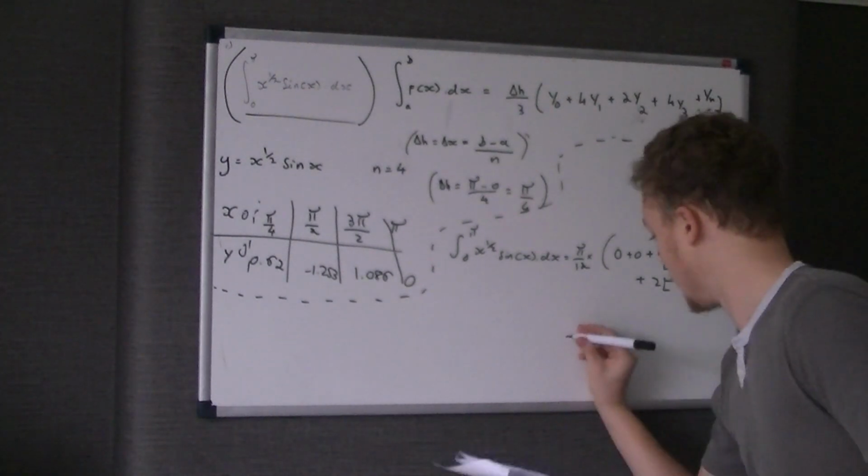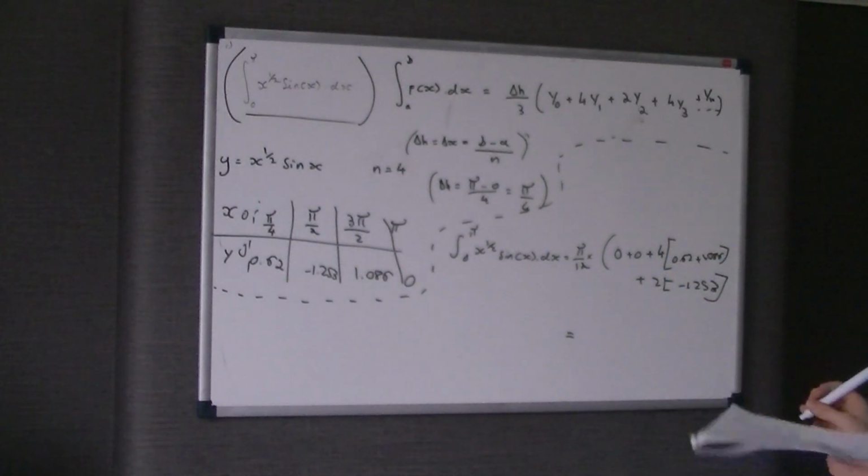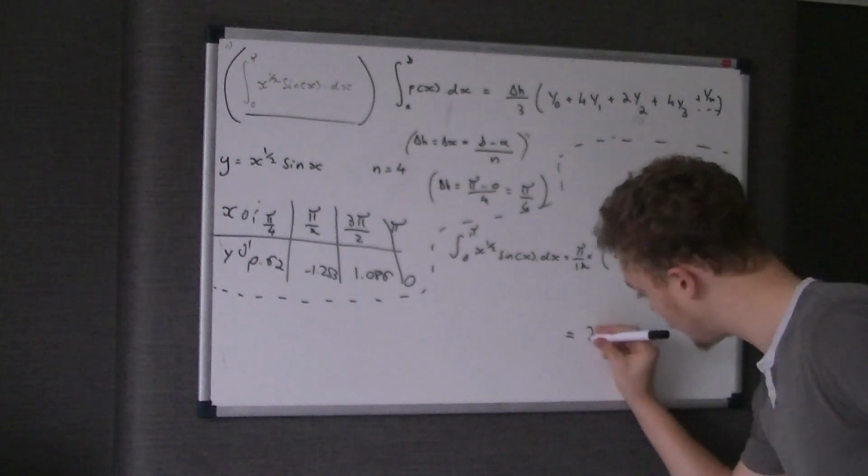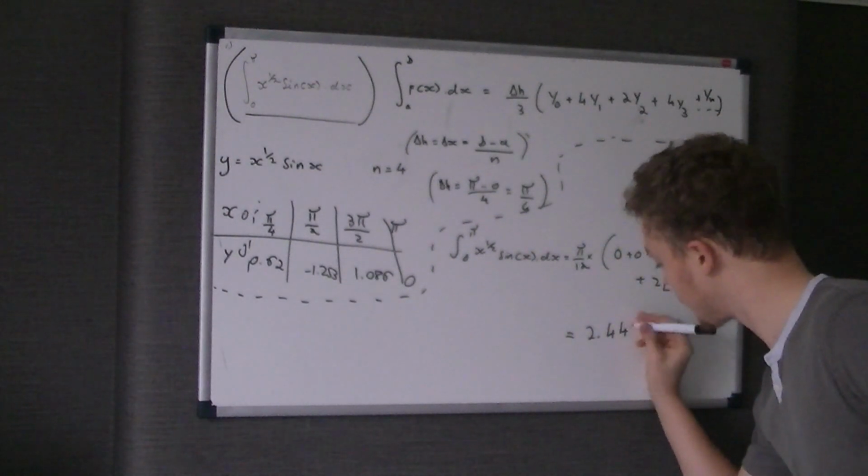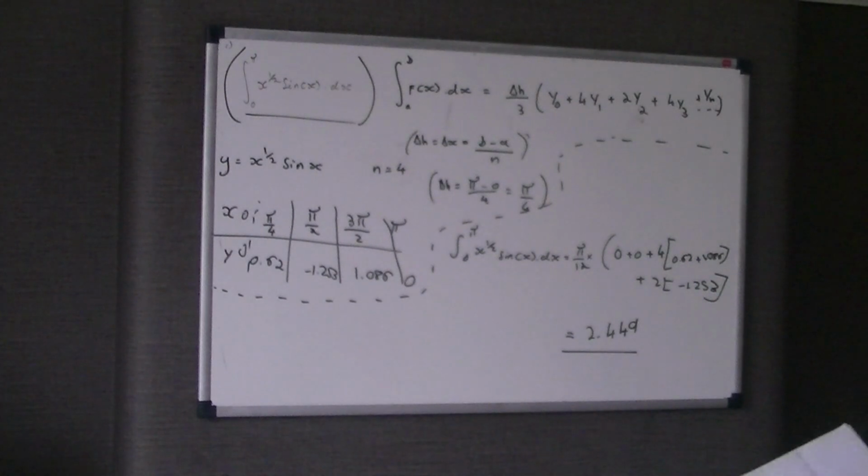Sorry, my scruffy writing. And then that should get you an area of 2.449 square units. I'm meant to write square units, I haven't because I'm lazy. But that's how you would do that.